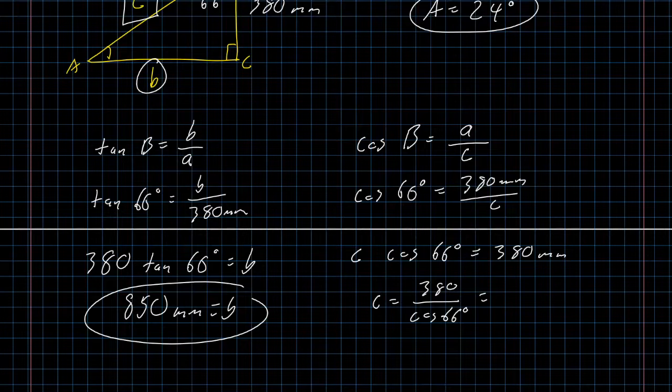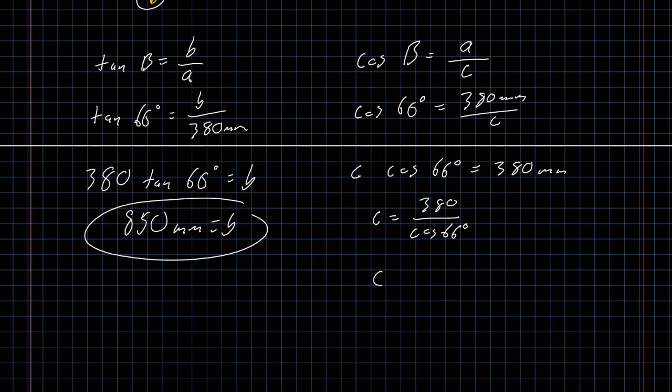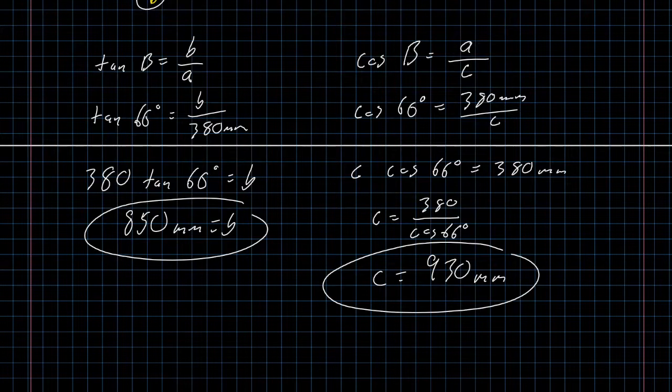And my calculator is happy to do that for me. 380 over cosine 66 comes out at 934.26, keeping my two significant digits. I will call that 930 millimeters.